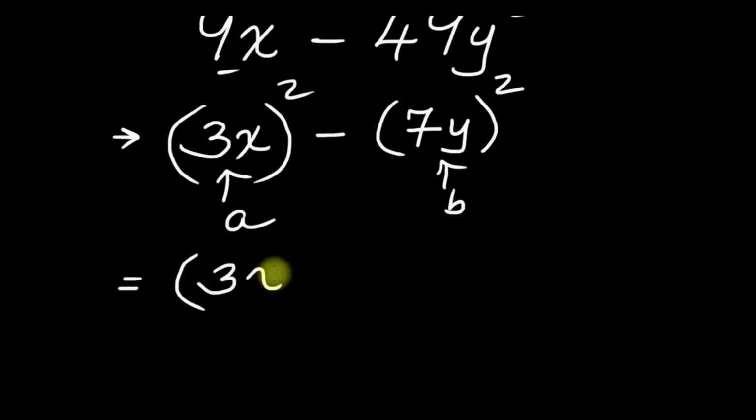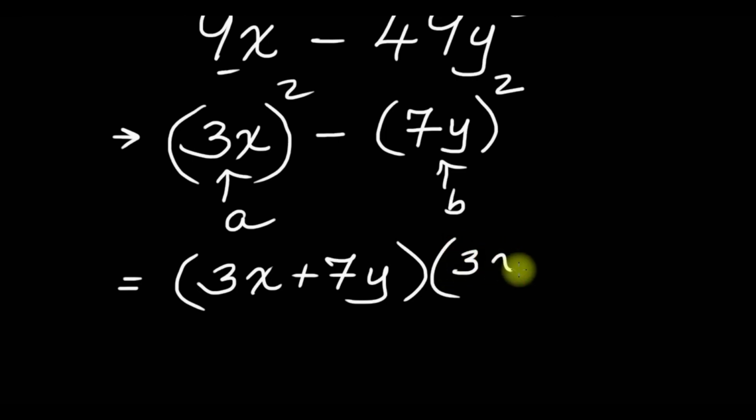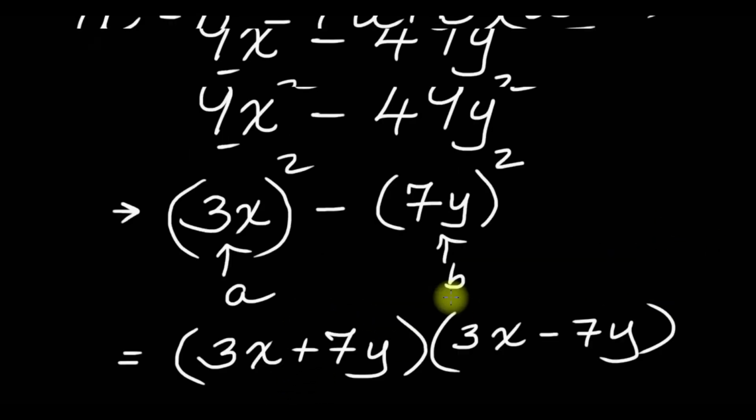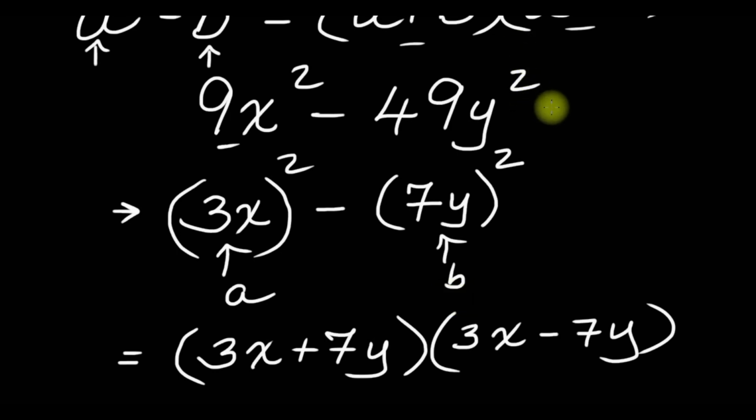So that's going to be 3x plus 7y. And then the other one is a minus b. So that's going to be 3x take away 7y. Okay, so this is the factor form of 9x squared take away 49y squared.